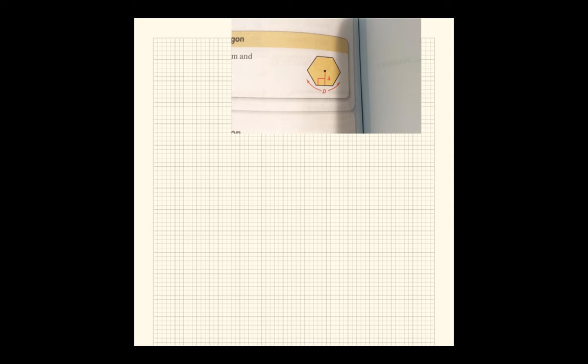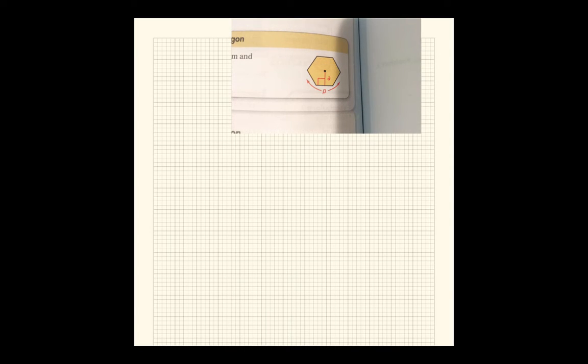If we have a regular polygon, I'll do my best to draw one. Oh, no, let me just take a picture. That'll go a little bit quicker. Okay, so here, and this goes for any number of sides, there's a picture of a regular polygon.